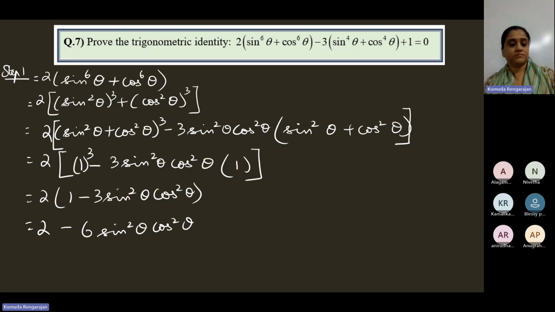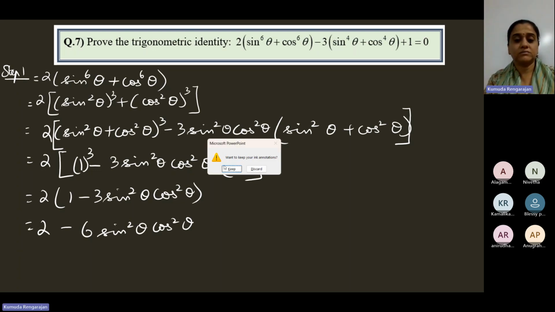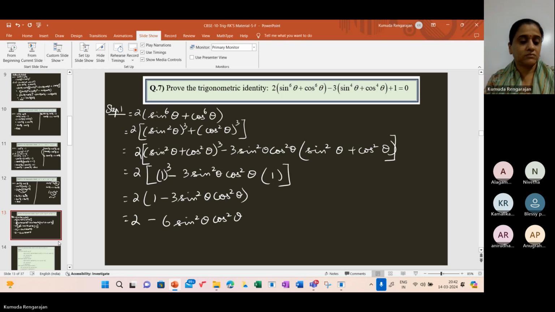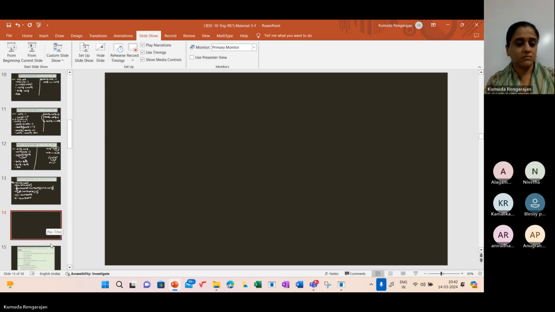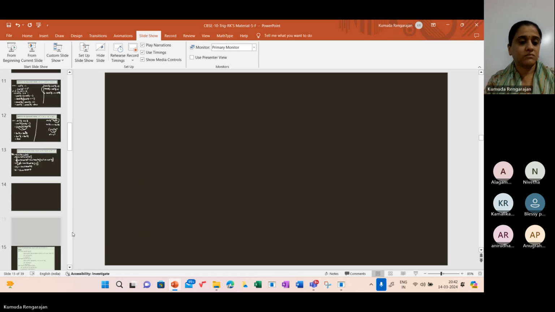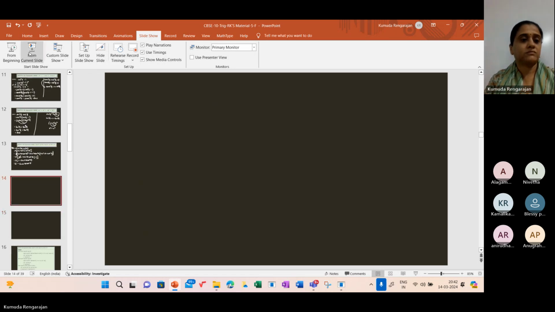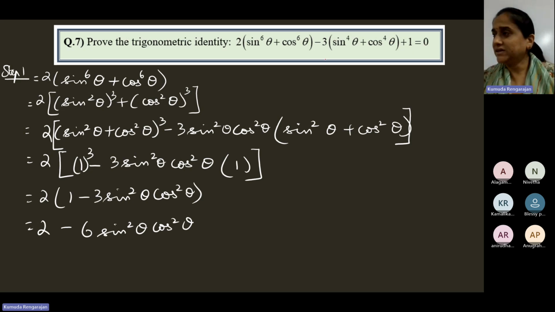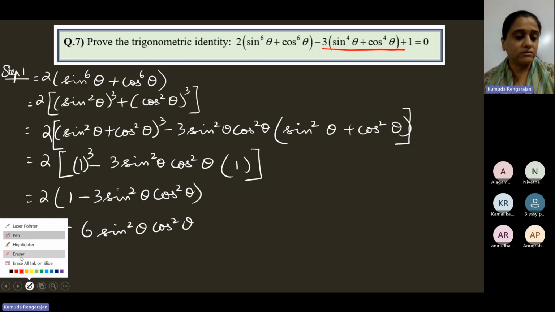Okay. Now the second part. We'll take the minus sign later. We'll take only this 3 into. We'll take the minus sign later when we put everything together.